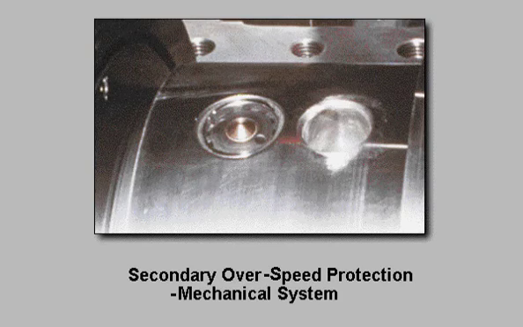The secondary system is mechanical and consists of the overspeed bolt assembly in the accessory gear shaft and the overspeed trip mechanism. Both systems operate to trip the fuel oil stop valve and the fuel gas speed stop ratio valve. Please click on the right arrow to continue.